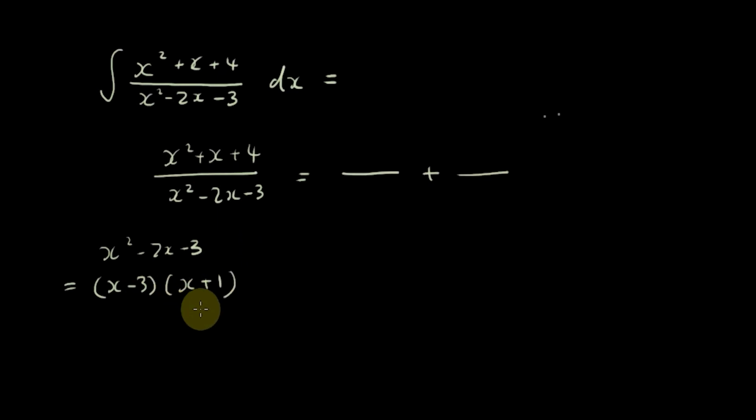If you don't know how to do that, go back to some of my factorization quadratic tutorials. So now I can go x minus 3, x plus 1 here, and then I have A and B like that.